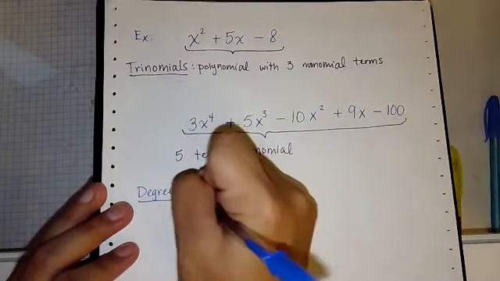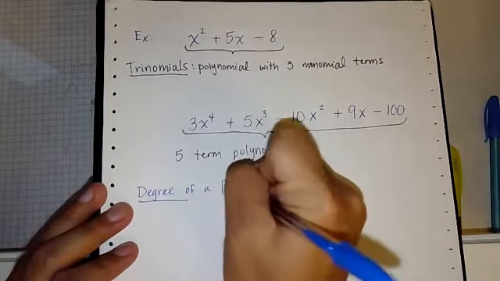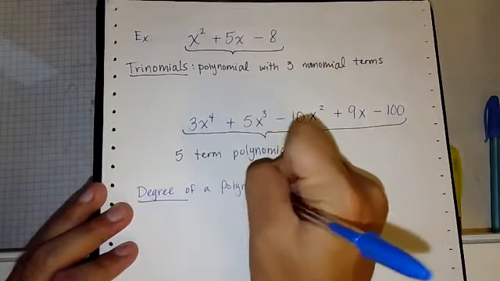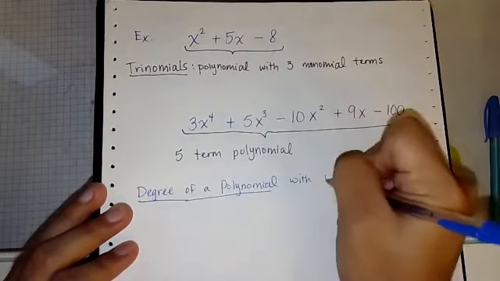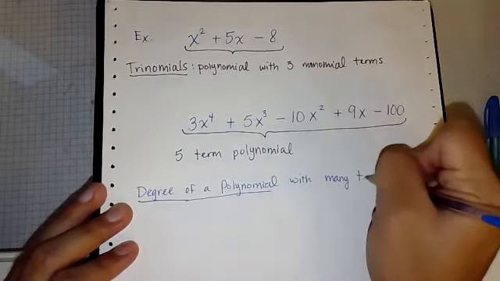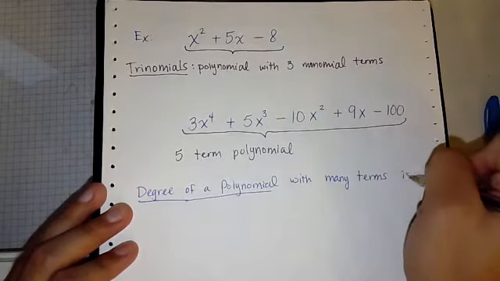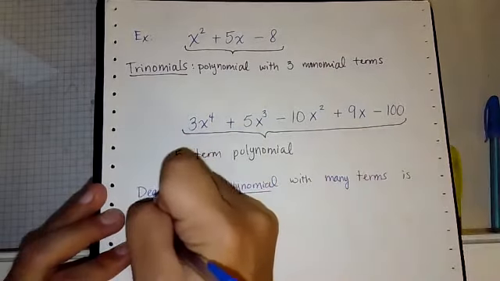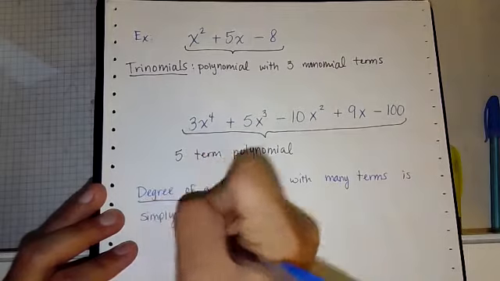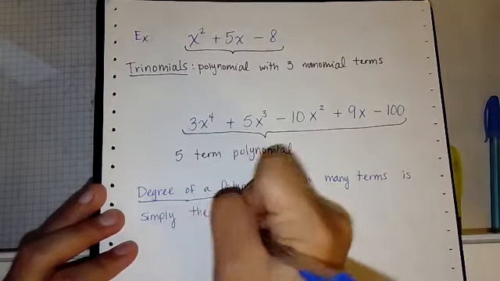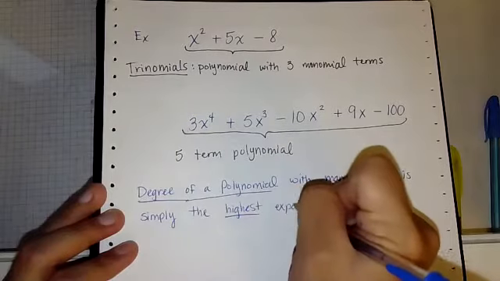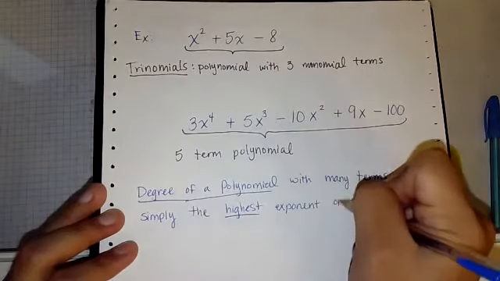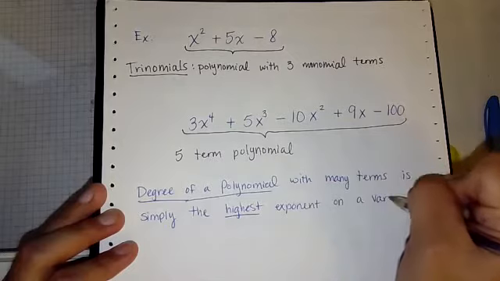So the degree of a polynomial with many terms is simply the highest exponent on a variable term.